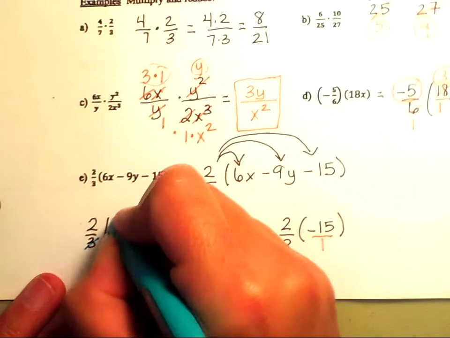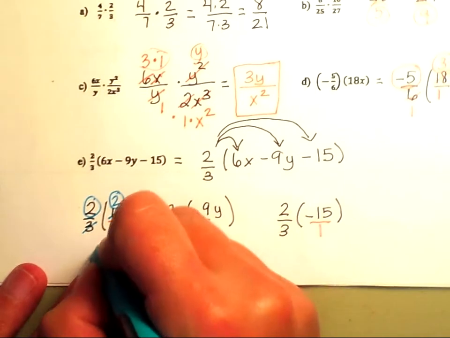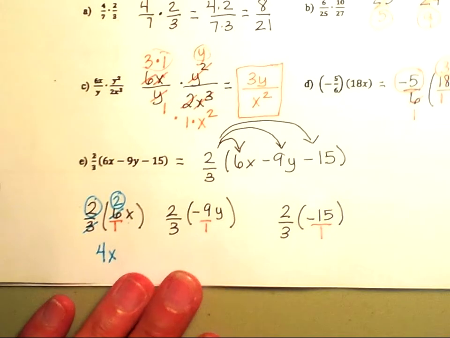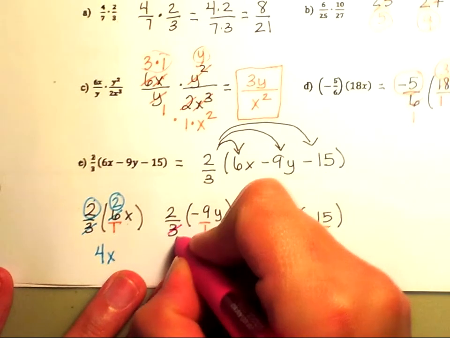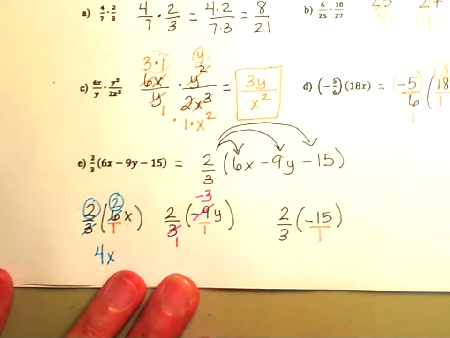So 3 goes into 6 2 times. 2 times 2 is 4, and the x will come along. Then 3 goes into itself once and into negative 9, negative 3 times.